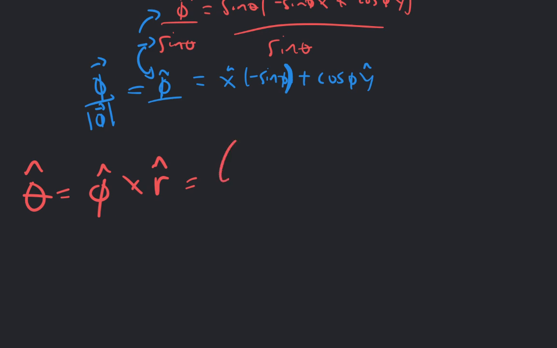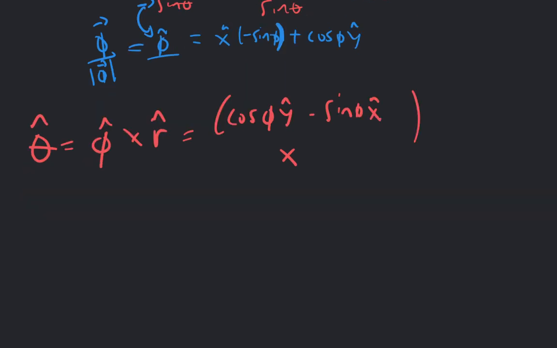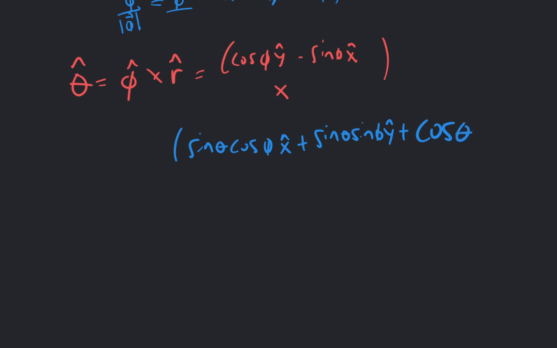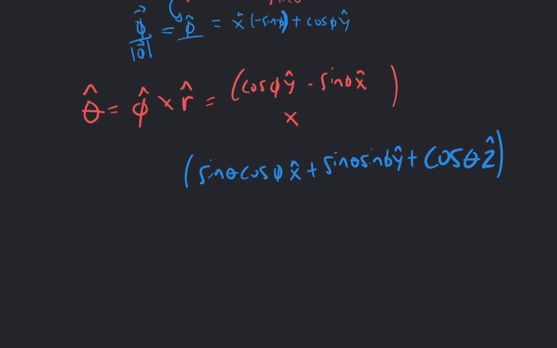Let's write phi unit, cosine phi y unit minus sine phi x unit, cross sine theta cosine phi x unit plus sine theta sine phi y unit plus cosine theta z unit. So we're crossing these two vectors.